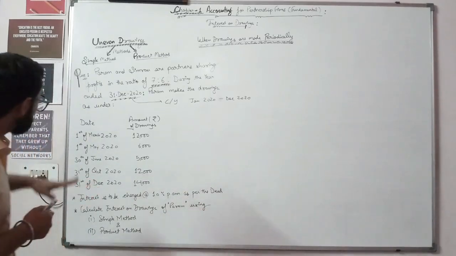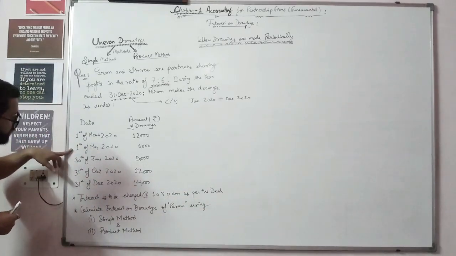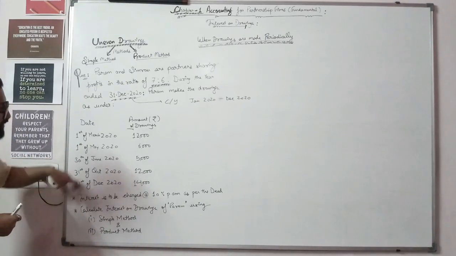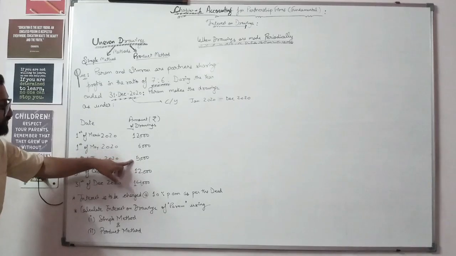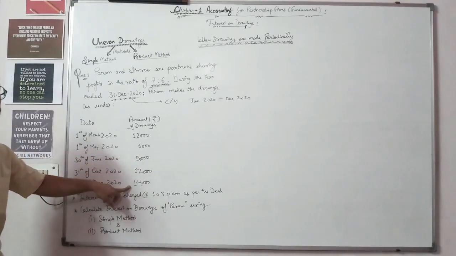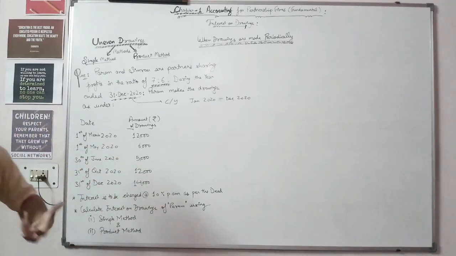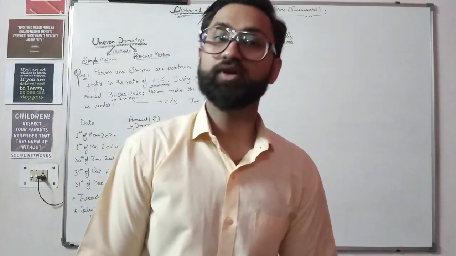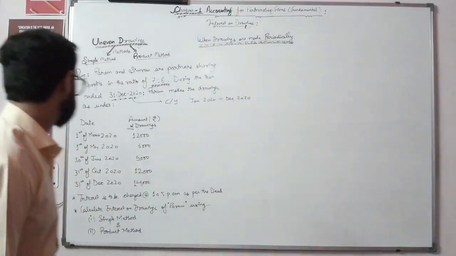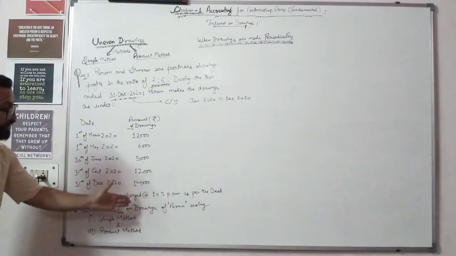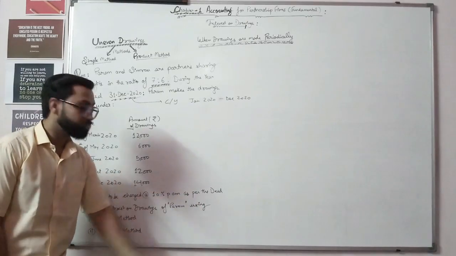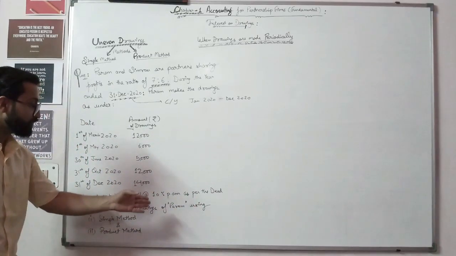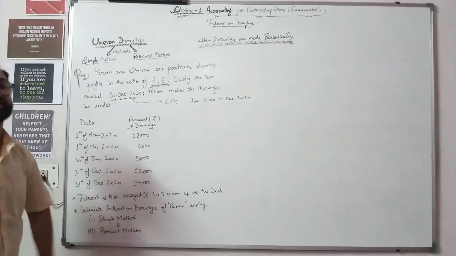Now, dates are given 1st March, 1st May, 30th June, 31st October, 31st December, and the amounts are 12,000, 6,000, 5,000, 12,000, 14,000. That means to say uneven drawings where there are uneven periods and uneven amount of drawings. Now, interest is to be charged at the rate of 10% per annum as per the deed, and calculate interest on drawings of Param using simple method and product method.